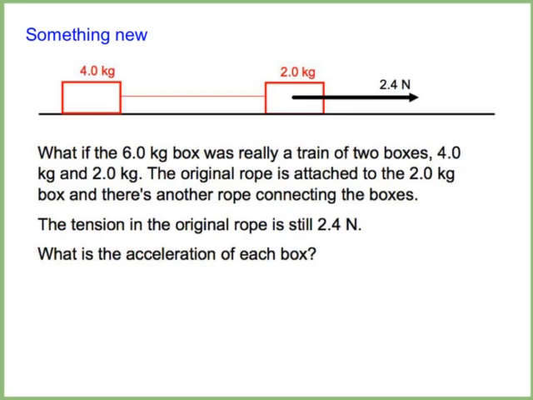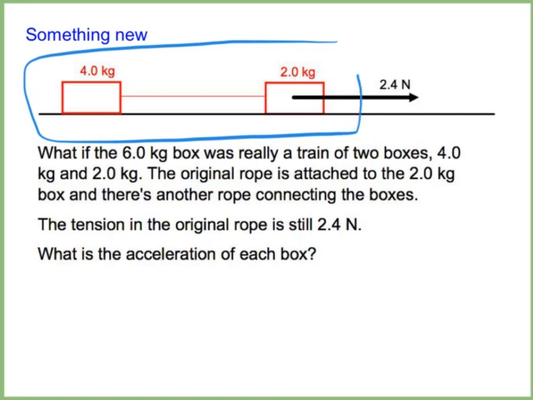But everything is happening the same to those two boxes. They're both being pulled along this horizontal surface. And so if we want to find the acceleration of each box, we really just ignore the fact that this rope is between them. We think about the whole system moving forward at 2.4 newtons.